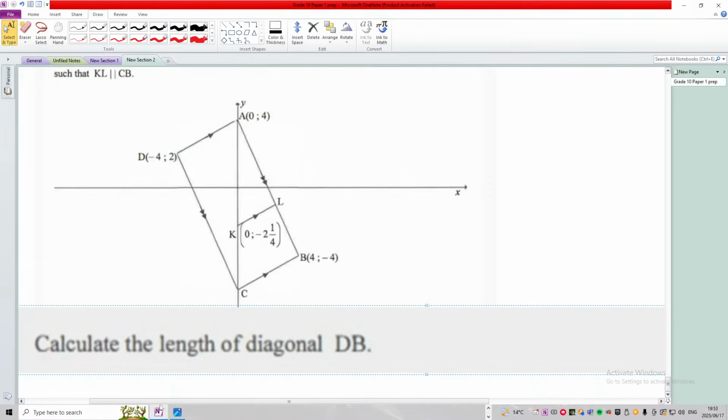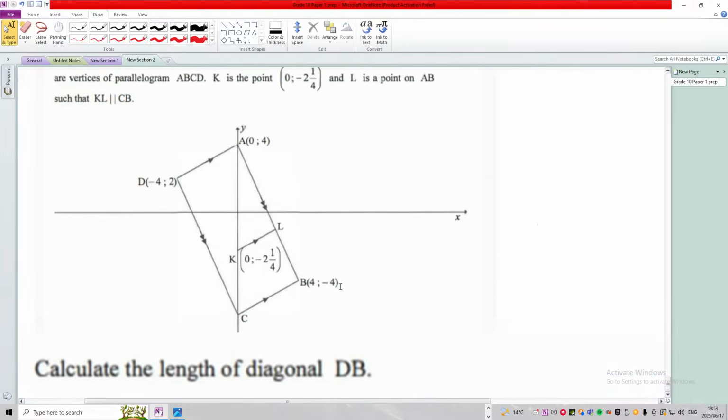Yes, distance formula. Please don't make any mistakes with this distance formula, guys. So diagonal DB, that's a distance there, so we're going to use the distance formula.